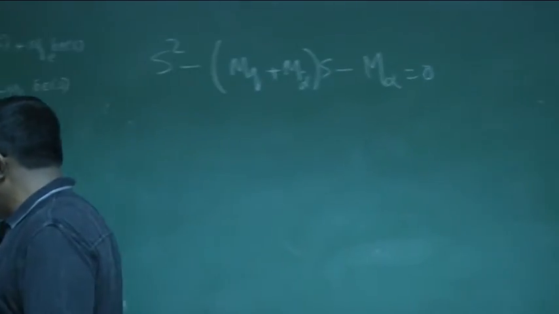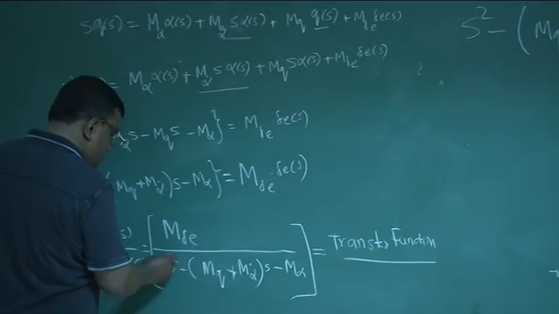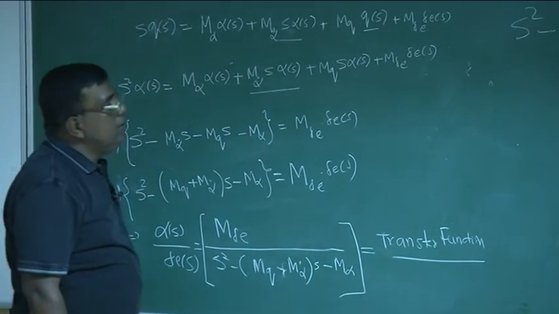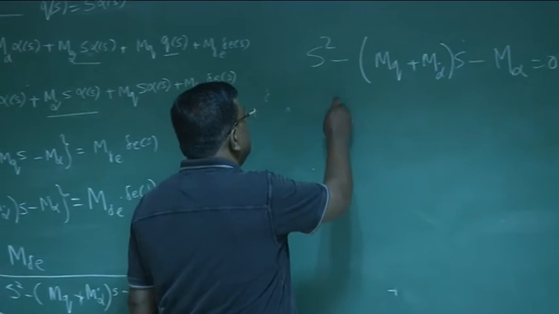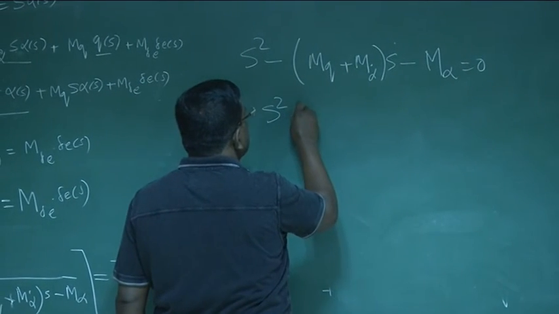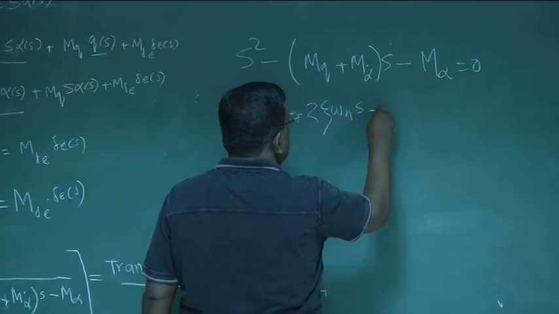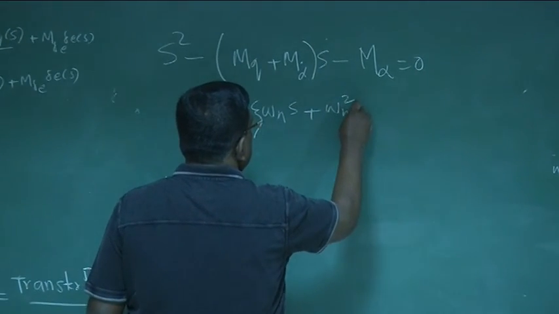And I compare it with a second order system, S square plus 2 zeta omega n S plus omega n square equal to 0.